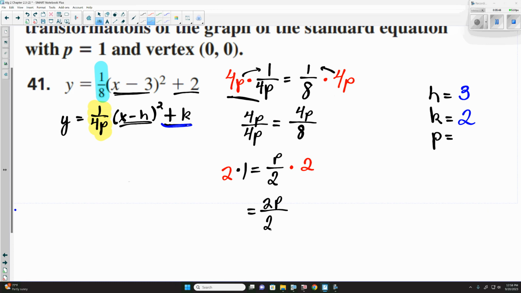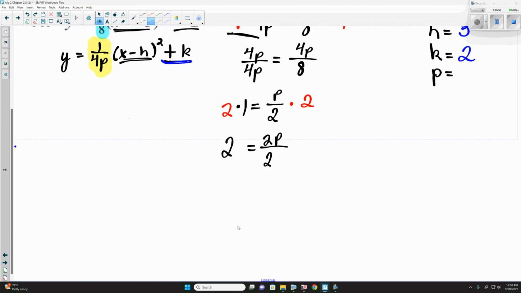If we do the same thing with the left-hand side, 2 times 1 is 2. Well, the left-hand side is still going to stay 2, but 2 divided by 2 is 1. Really telling us that the value of p is 2.